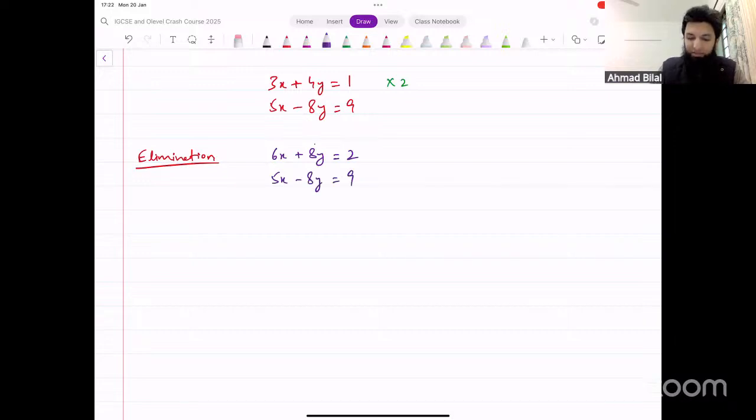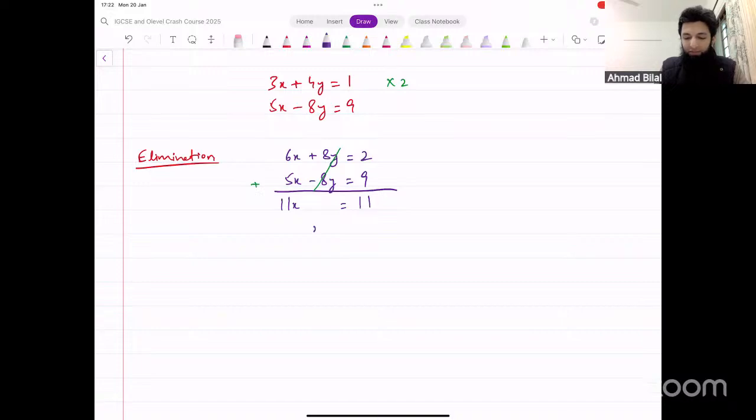And now, since the coefficients of y are the same, the numerical values are the same, if I were to add these two equations, add equation 1 and equation 2, when the x terms get added, they give me 11 times x. When the y terms get added, 8y and minus 8y, they get eliminated. The y terms get eliminated, and we're left with only 11 on the other side.